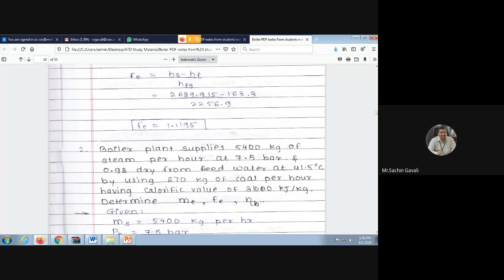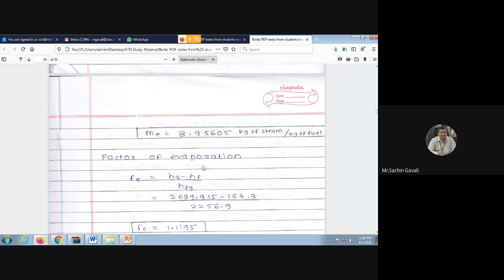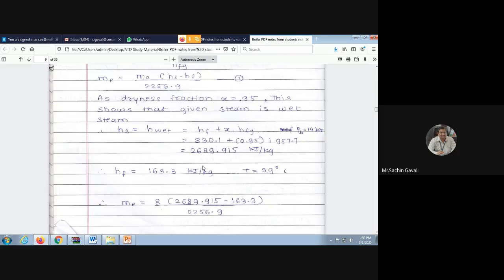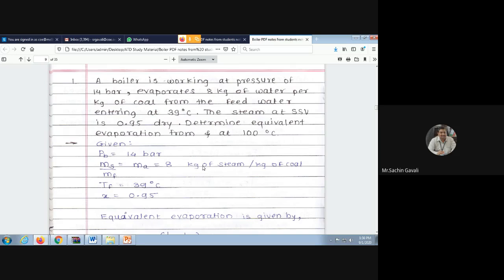Okay. So this numerical everybody has written. Now we'll go to our worksheet.